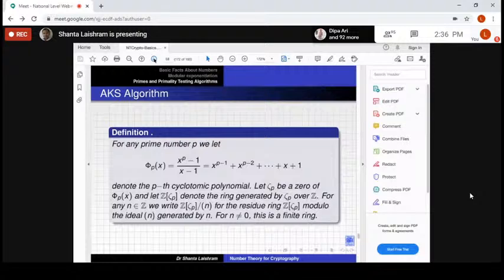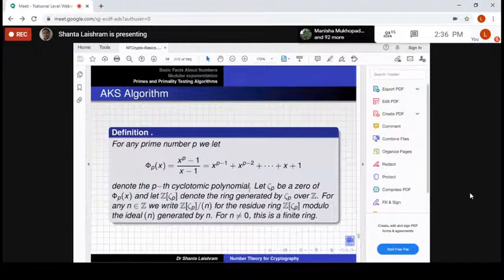Now I want to define the pth cyclotomic polynomial. For any prime p, phi p, the pth cyclotomic polynomial, is x to the p minus 1 over x minus 1, which is a polynomial of degree p minus 1. Let zeta p be a root of this polynomial.